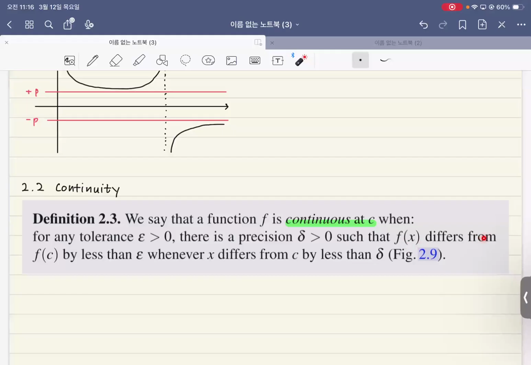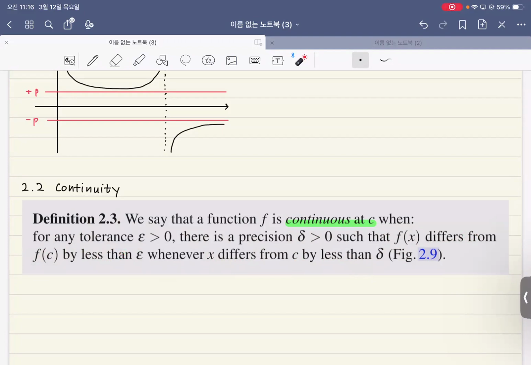So what is this condition? If the distance between x and c is less than delta, then that guarantees that the distance between the function values f of x and f of c is less than epsilon.